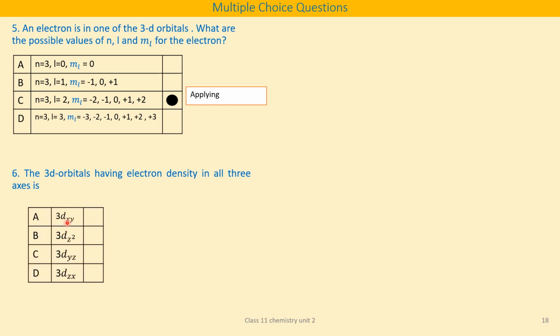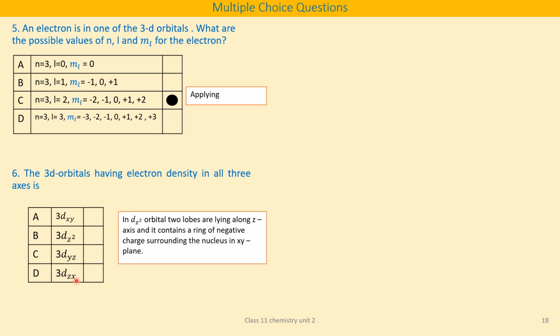Option A 3dxy, option B 3dz square, option C 3dyz and option D 3dzx. In the dz square orbital, two lobes are lying along the z-axis and it contains a ring of negative charge surrounding the nucleus in the xy plane. So, option B is the correct option.